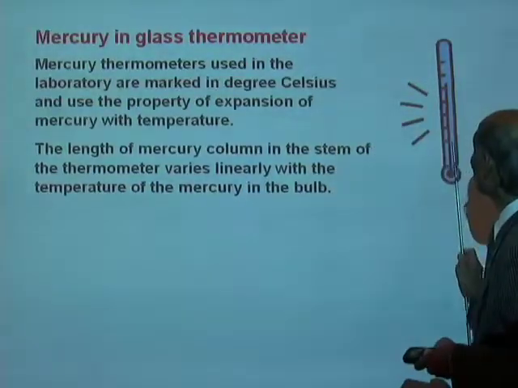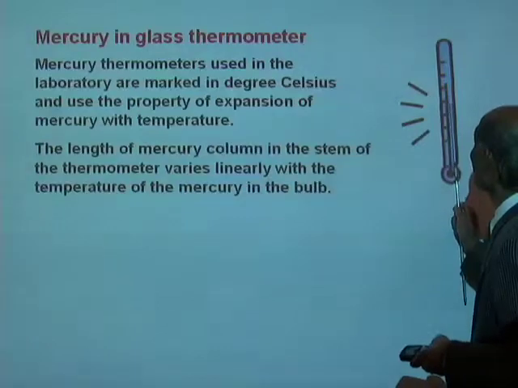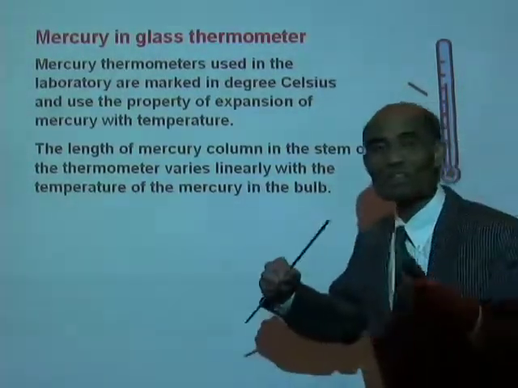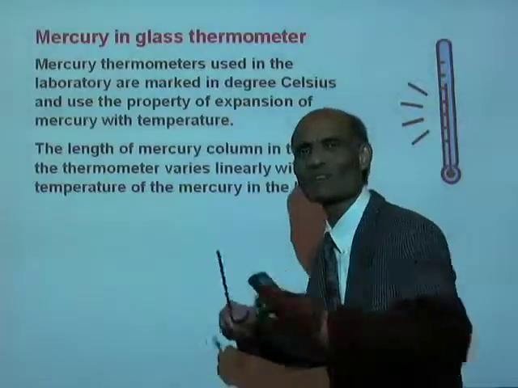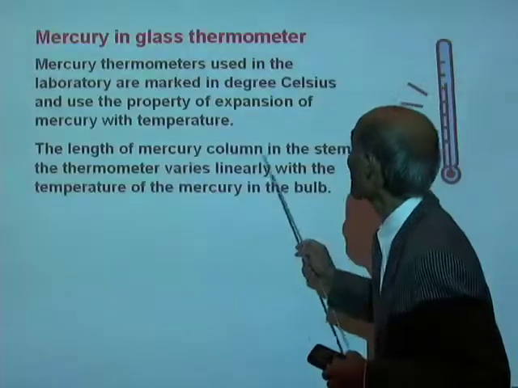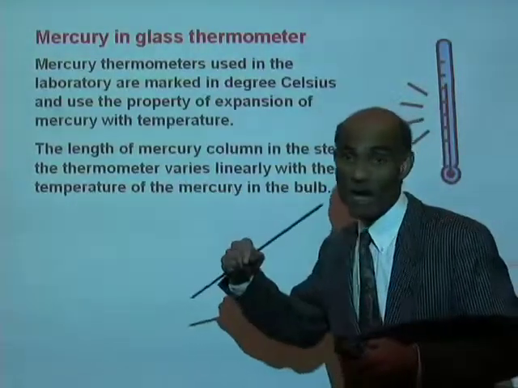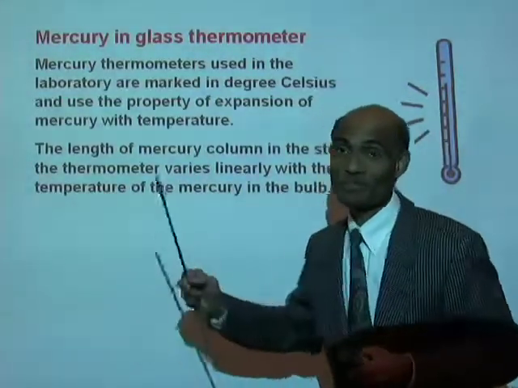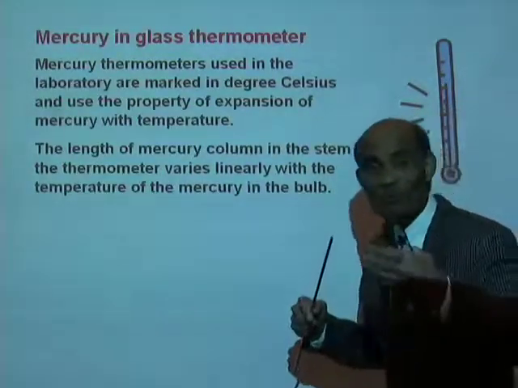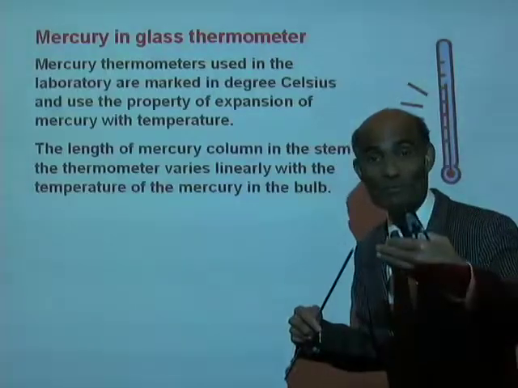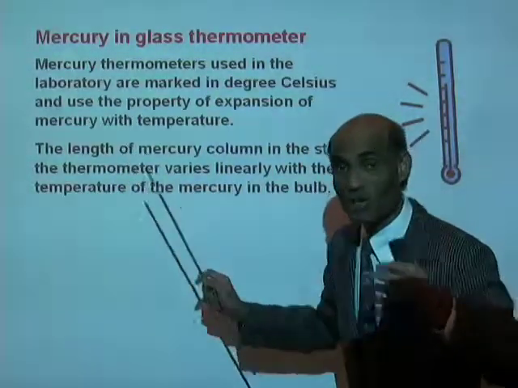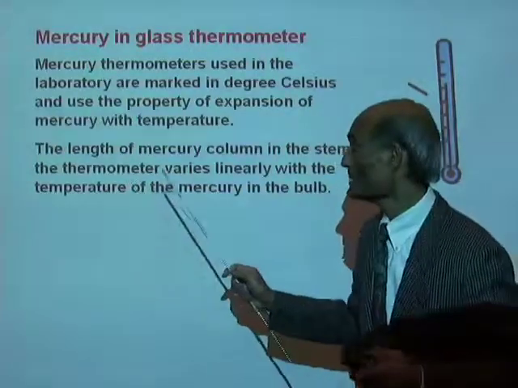You see, because the stem is very narrow, the increase in volume can be considered to be a linear increase. So we can say the length of the mercury column. Now I didn't say volume. You see, the increase in length of the mercury column is proportional to the increase in volume. So I can now measure the increase in length rather than the increase in volume.